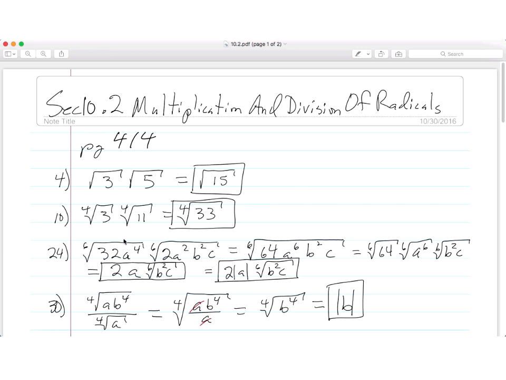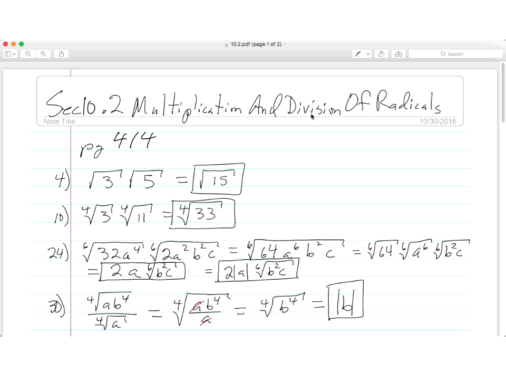Okay, so let's go on to section 10.2, multiplication and division of radicals.